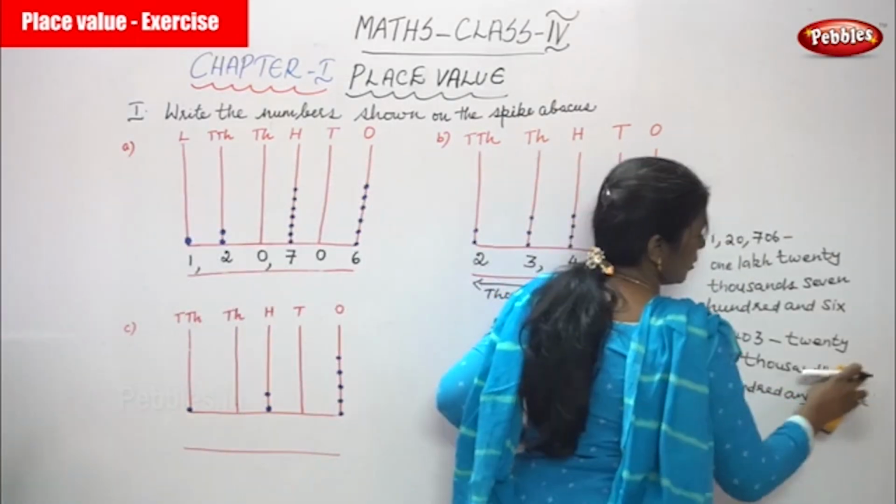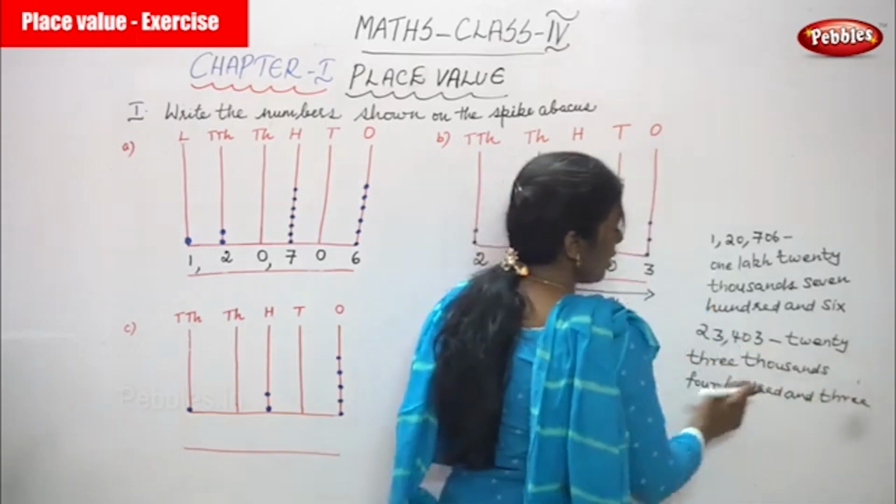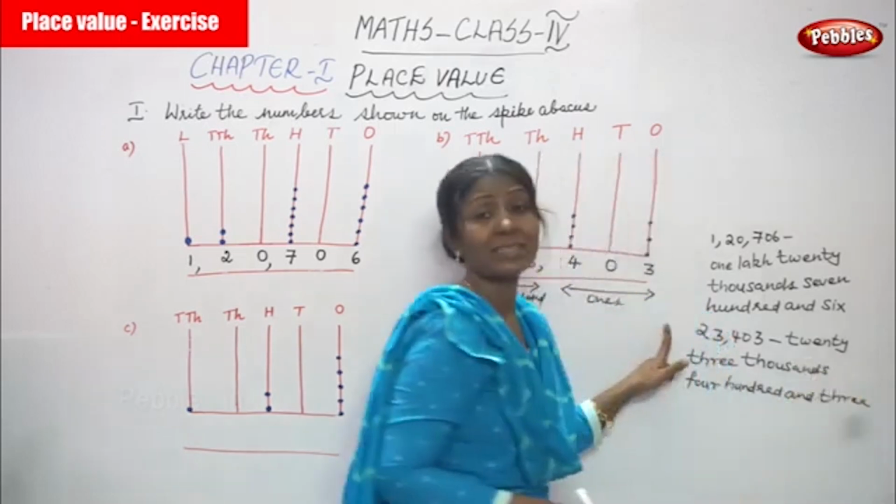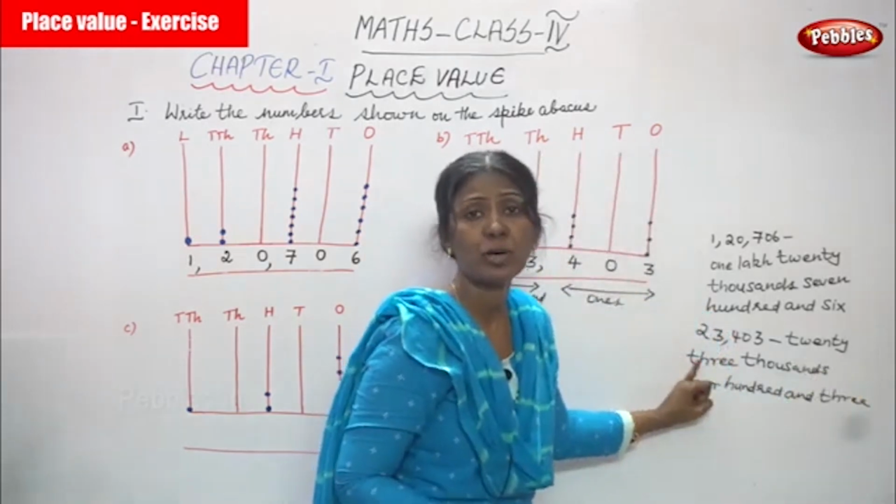No need to write 'and'. Okay, 23,403. This is what you have to write. This is a number name. This is what you have to write.